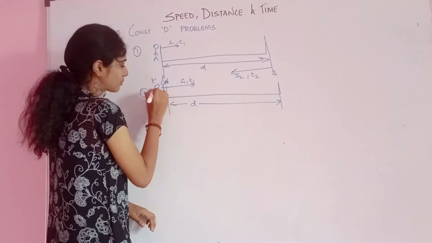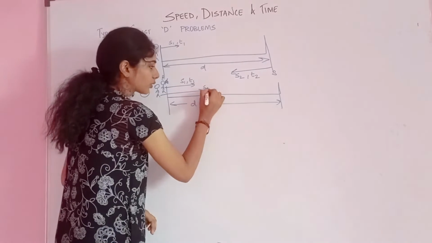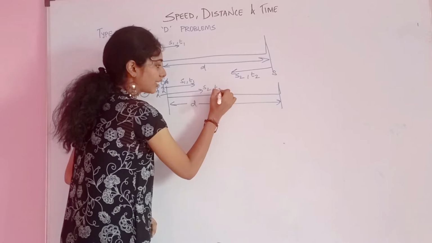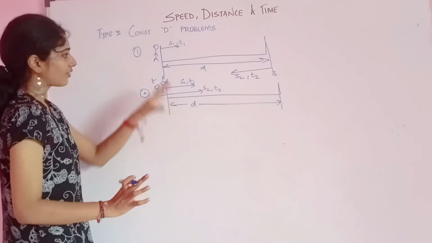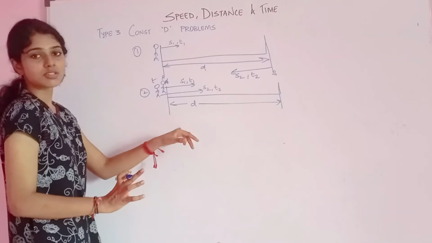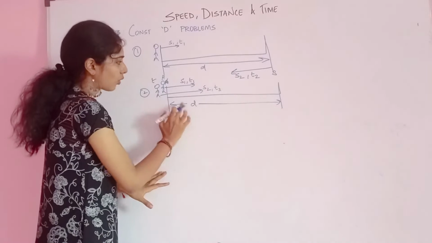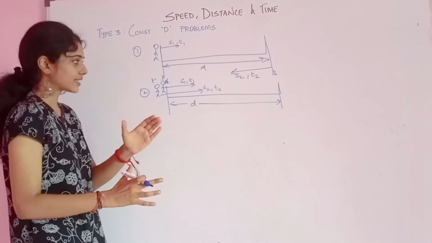And then the other person is going to cover the same distance D, but with a different speed S2. So therefore, he is going to take T2 minutes or hours to cover this distance. Alright. So whenever you get any of these two scenarios, just look at the question and note that a relationship between all of these 5 variables is going to make things really simple, okay?